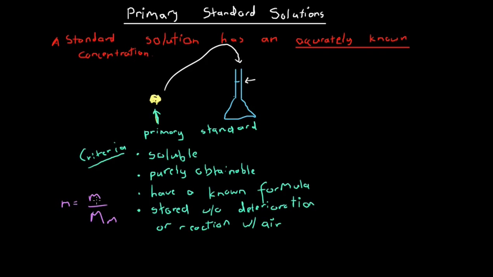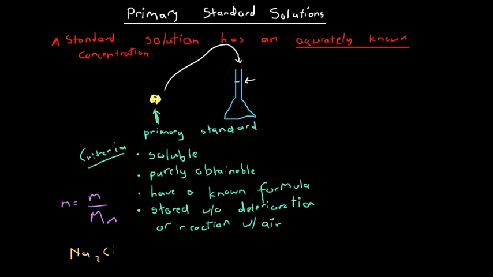If it's impure, this sample might weigh 10 grams, however only 9 grams of that is the substance that we want. So say we want to use sodium carbonate as our primary standard, and we've got 10 grams of sodium carbonate here.